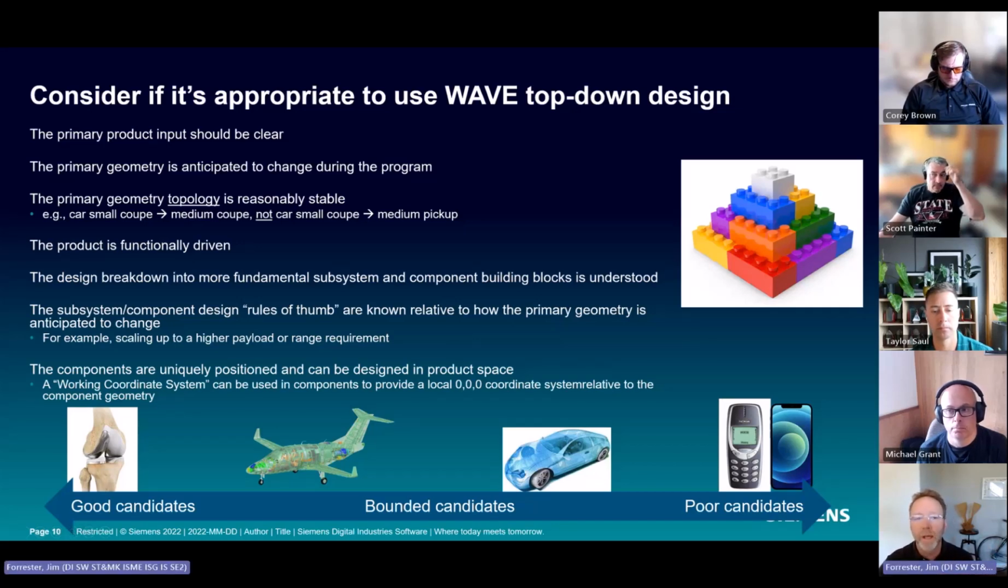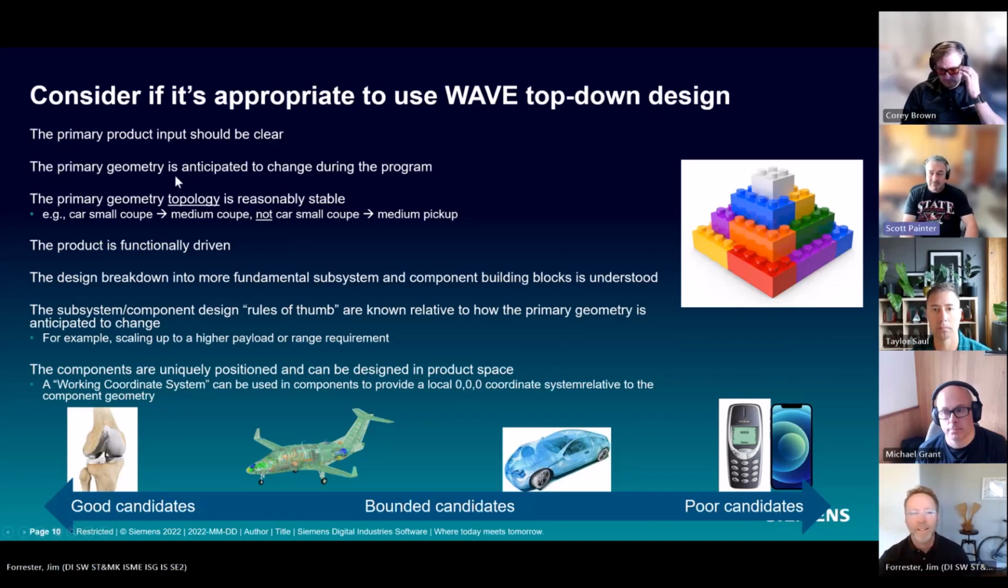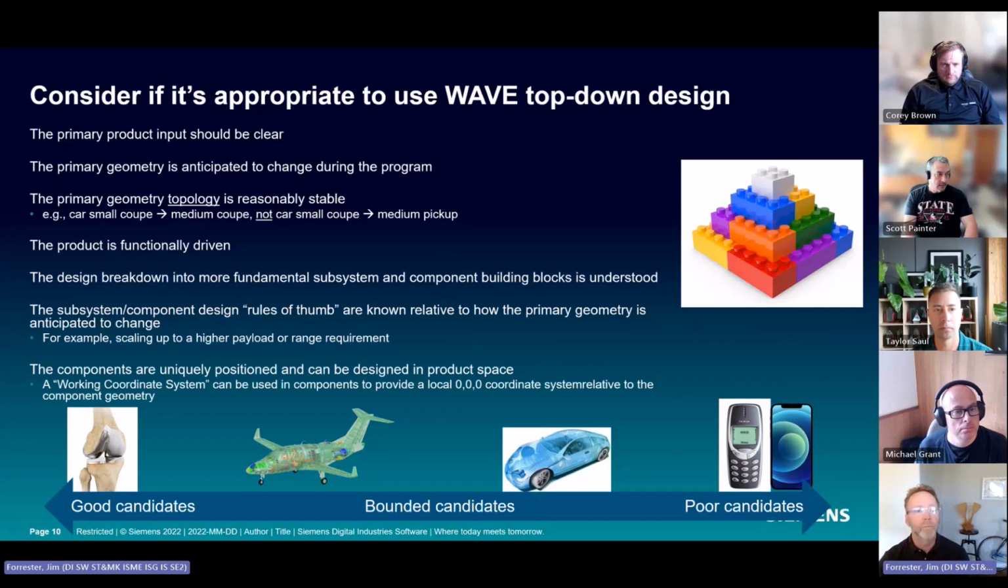There's no reason to use wave. So don't use wave. Use wave if you anticipate it's going to change. And in my experience in 38 years of aerospace design, it always changes. So just assume, and you'll be happy that you did. You hope you don't have to use it, but you've planned for it.